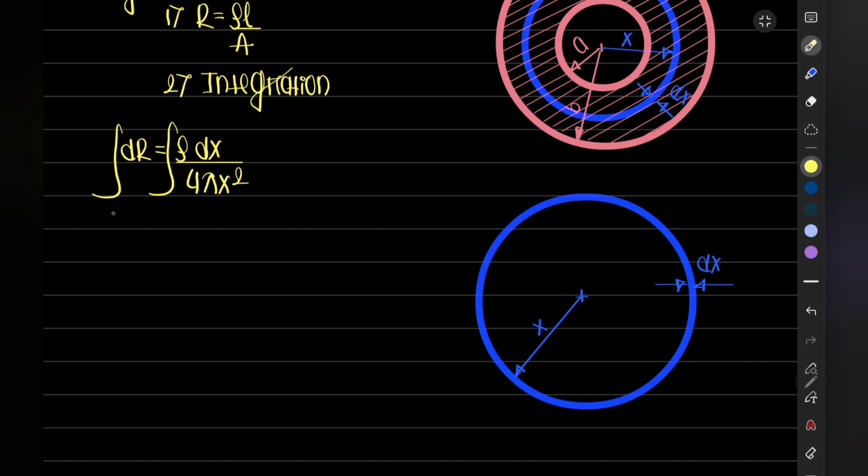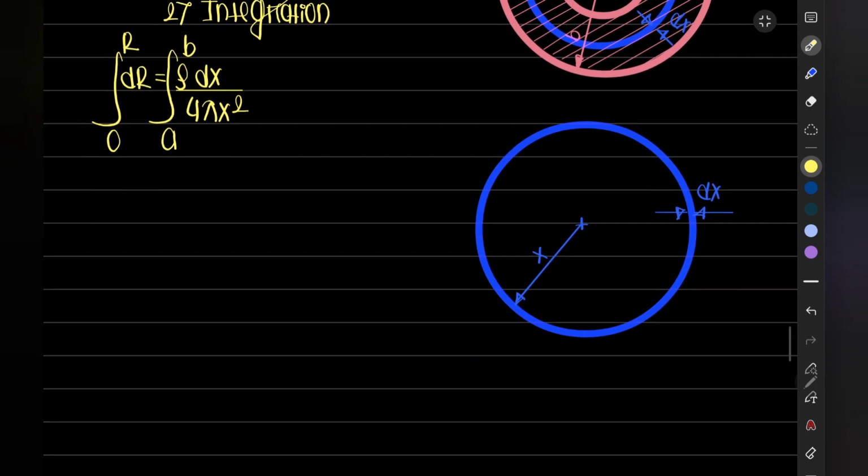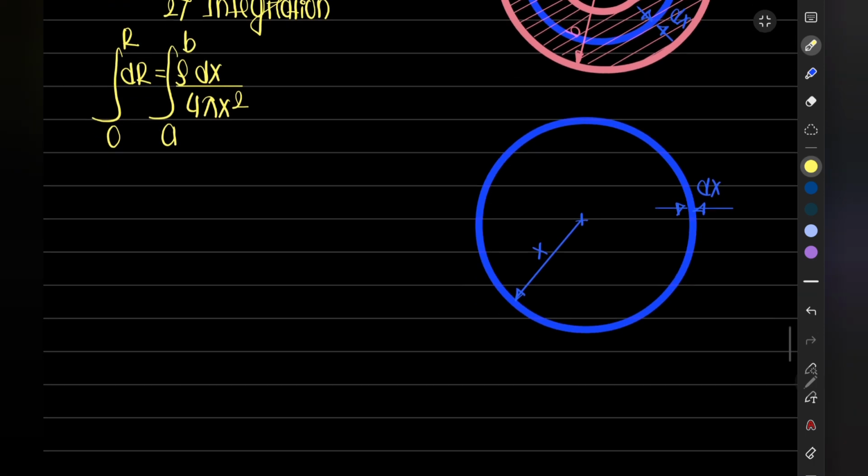On the left hand side resistance will be from 0 to capital R, and in order to completely cover this concentric sphere we will take the lower limit as radius A and the upper limit as radius B. Integration of dR will be R, rho is a constant term, then 4 pi is again constant.